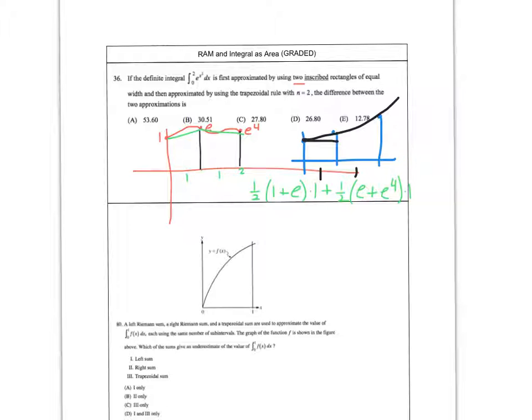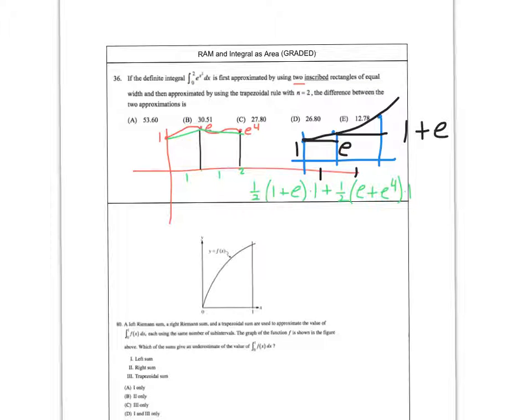But this time we've got inscribed heights. That just means that we're going within the curve or under the curve, and that happens to be left rectangles for this graph. The first height would be at 1, the second height would be at e. So the rectangles would have an area of 1 plus e.